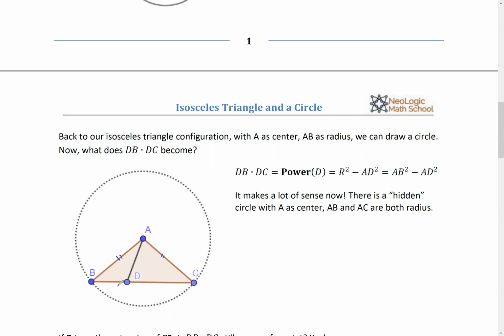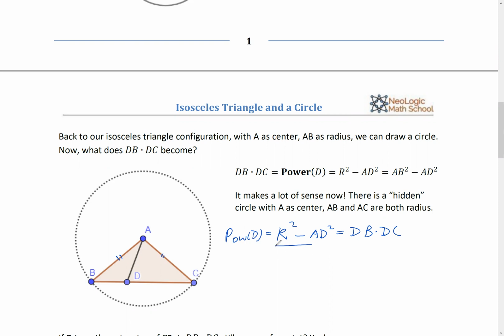The power of point D should equal R squared minus AD squared. And it also equals DB times DC, because this is exactly how you learn it: power of a point, DB times DC.